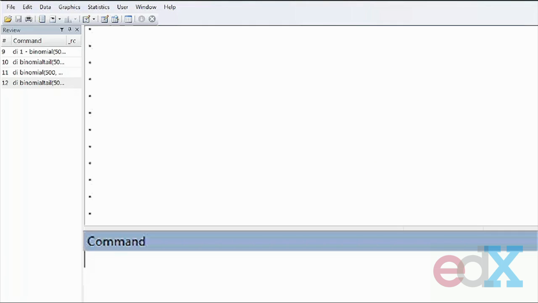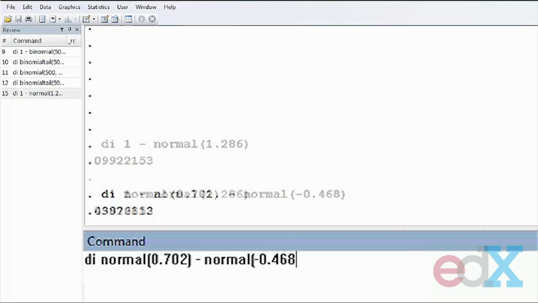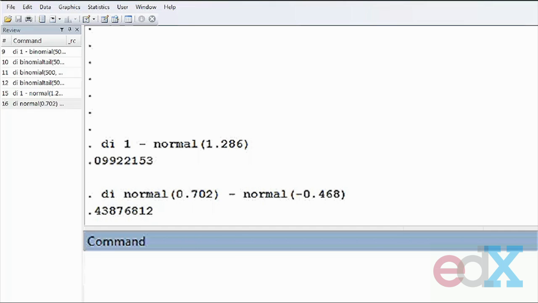So for the first calculation, we type display 1 minus normal 1.286, and we find that the probability of observing greater than 100 HIV positive individuals is about 9.9% when we use the normal distribution. To calculate the probability of observing between 85 and 95 HIV positive individuals, we're going to type display normal 0.702 minus normal negative 0.468. We find that this probability is about 43.9%.